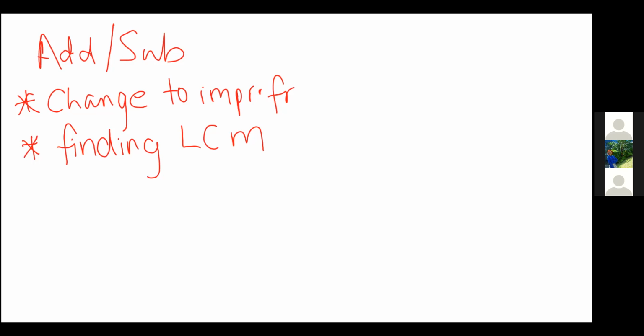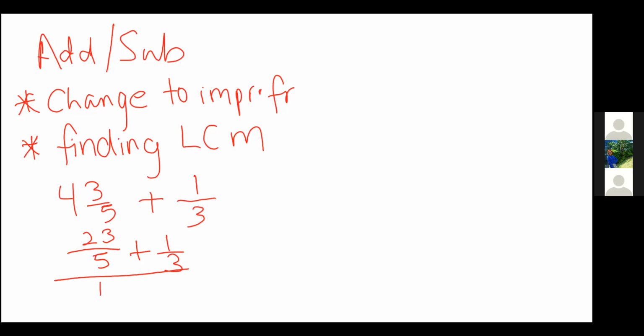So if I have 4 and 3 over 5, add 1 over 3, I must say 4 by 5 is 20, plus the 3, 23 over 5, add 1 over 3. Then I find my LCM, which is 15.